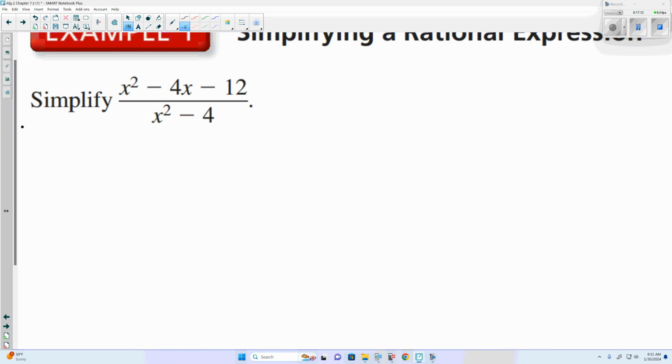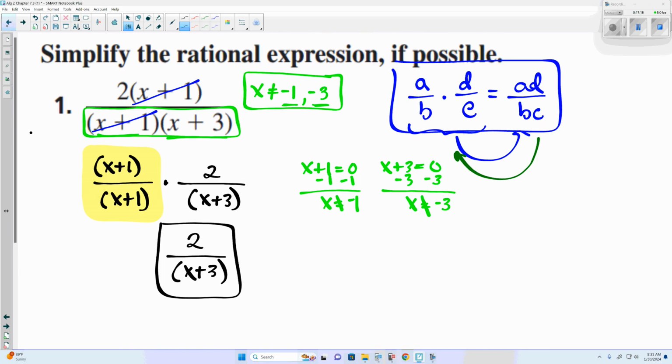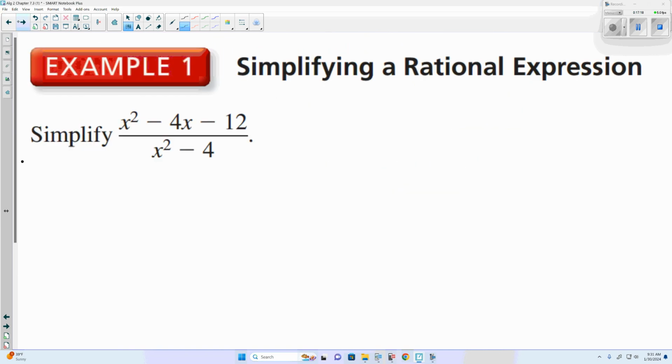So we do have x squared in both, yes? But unlike this one here, x squared minus 4x minus 12, those plus and minus will come together. But if we look at the numerator and denominator, let's specifically look at the denominator first. X squared minus 4, is that factorable? We have two terms being subtracted, yes?